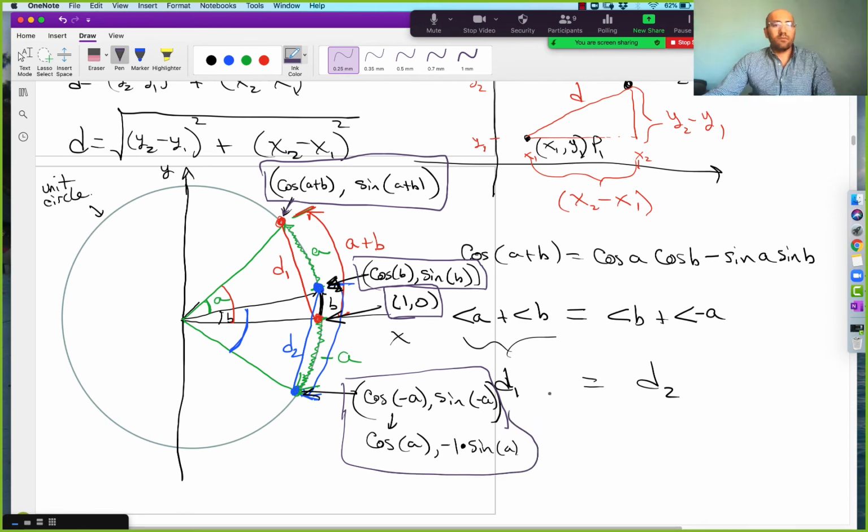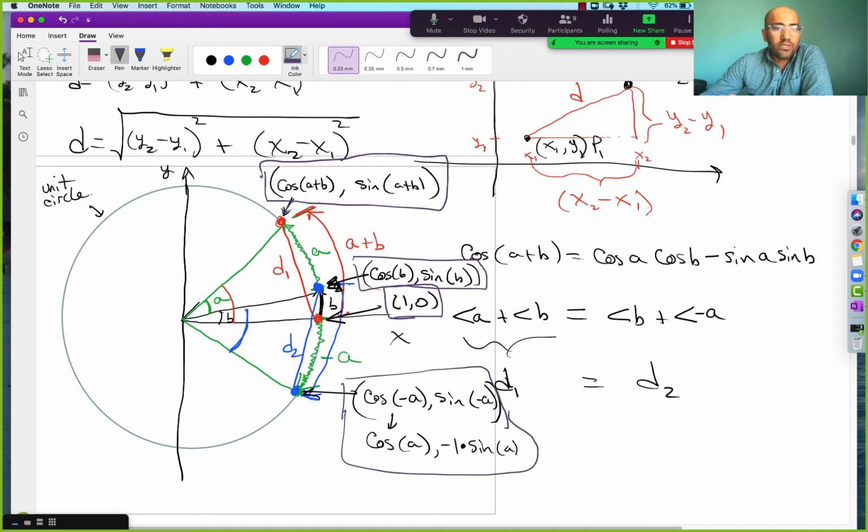Okay, so next we want to work with this. The distance, the chord D1 is equal to the chord D2, and we want to use this formula in order to find that distance. Remember, the distance between two points is to subtract their y coordinates and square them, plus subtract their x coordinates and square them, or in either order.